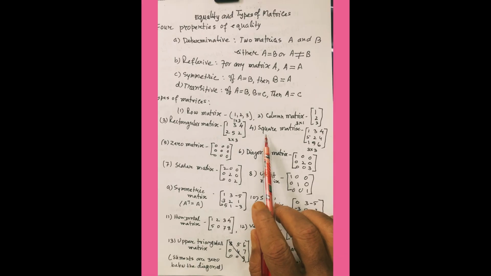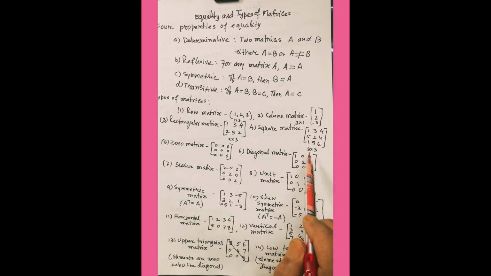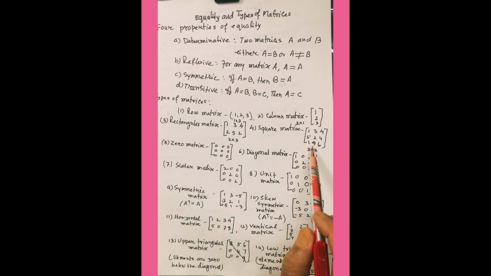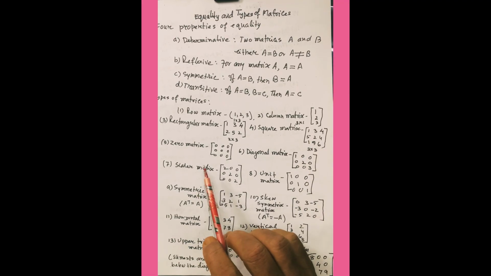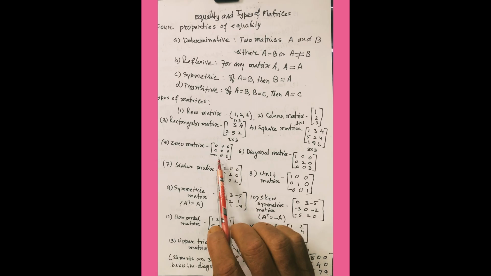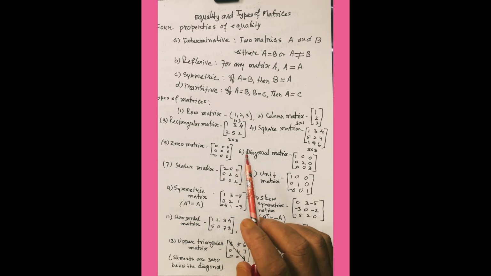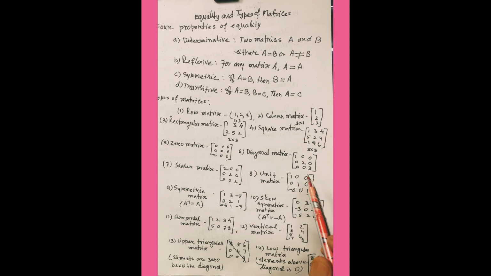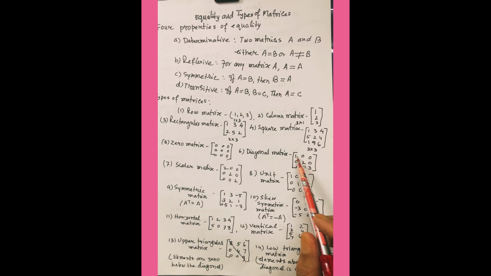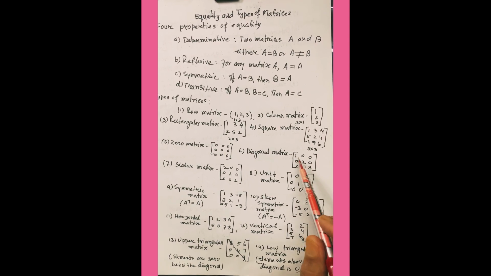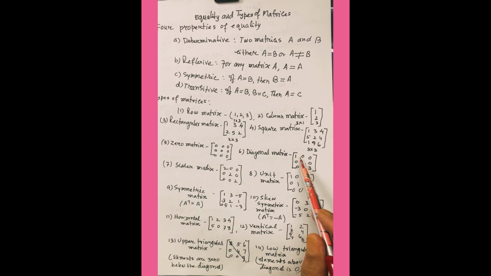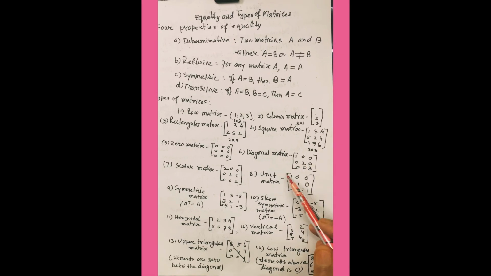When the number of rows and columns is the same, suppose it is a 3 by 3 matrix, 1, 3, 4, 5, 2, 4 and 1, 9, 6, it is the square matrix. In a zero matrix, all elements are zeros. Then diagonal matrix. Only the diagonal has some values, which are not equal, and above and below the diagonal, all other elements are zeros.